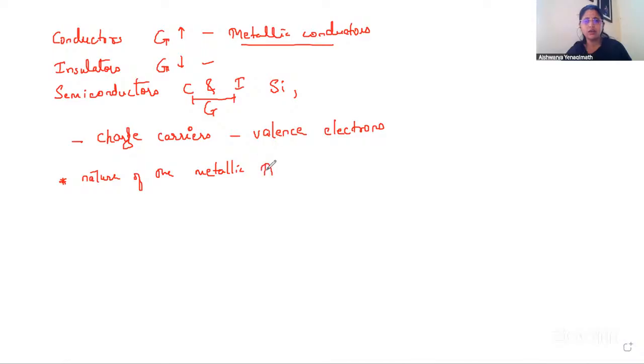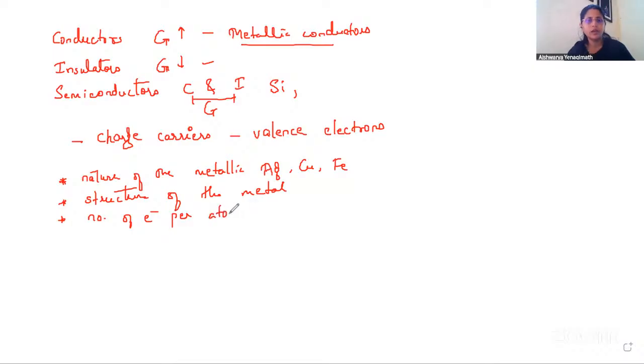That is silver. Silver, copper, iron, and so on. Second, it depends on the structure of the metal. And lastly, the number of electrons per atom. So it depends on these three important properties.